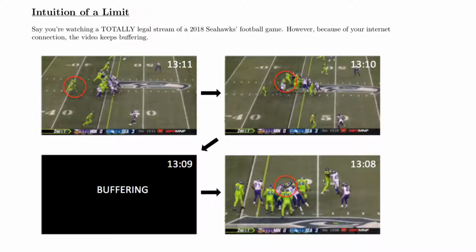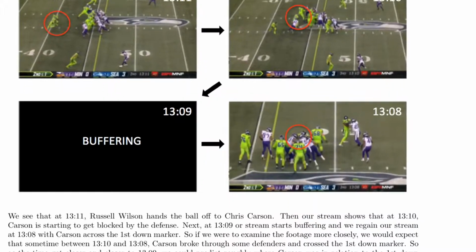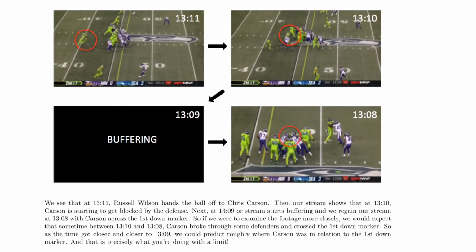So you're watching a totally legal stream of the 2018 Seahawks football game. Because your internet connection is slow, your video keeps on buffering. So the intuition of a limit is like, all right, here's his whole definition down here. At 13:11, Russell Wilson hands the ball off to Chris Carson. You see this happening.